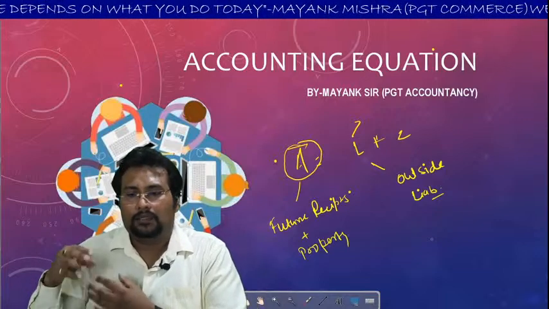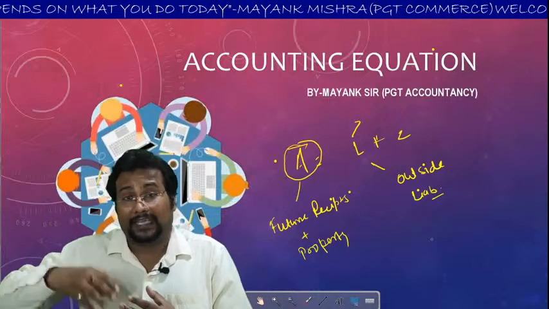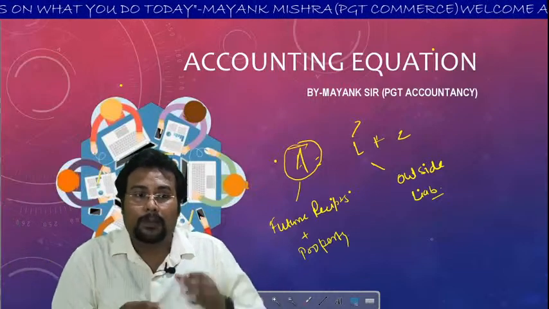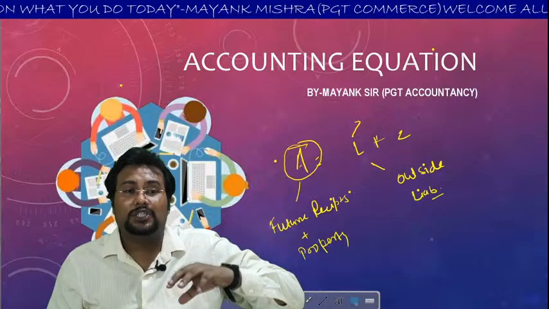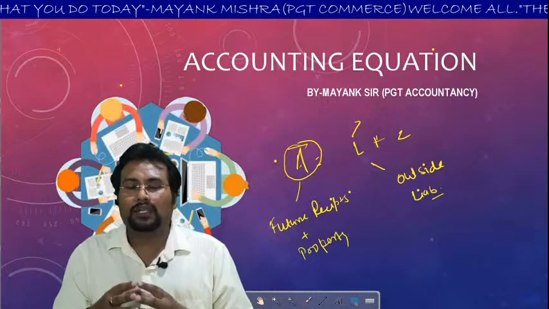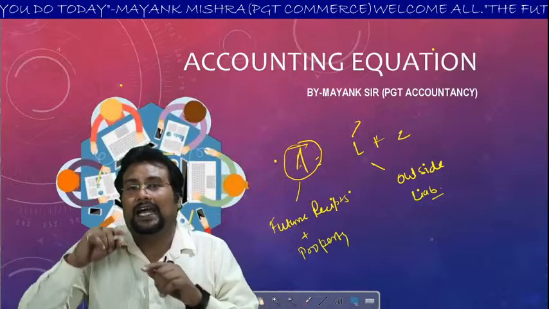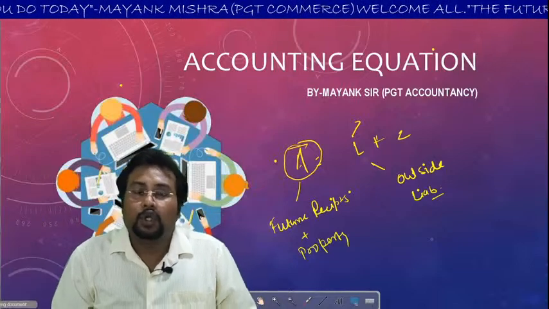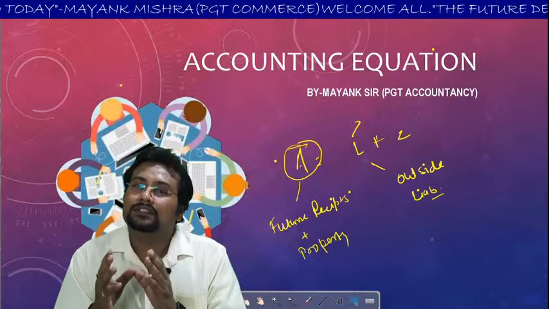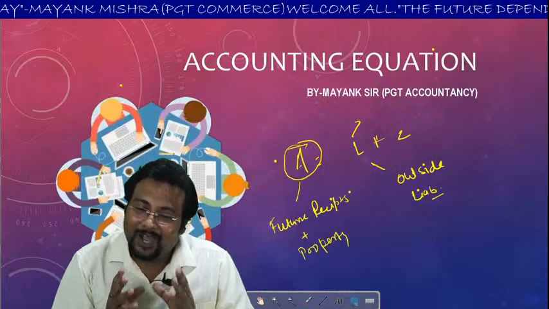Like the salaries to the employees, or the taxes which we have not paid yet but have to pay in the future to the government. It is also the amount which should be paid in the coming time to our suppliers. Example, suppose I purchased goods from someone, but I didn't make the payment right now. But I made a promise that after 3 months, I will make the payment. So that will be considered my future payment, and that will be considered a liability. And this liability belongs to an outsider, that's why it is considered an outside liability.